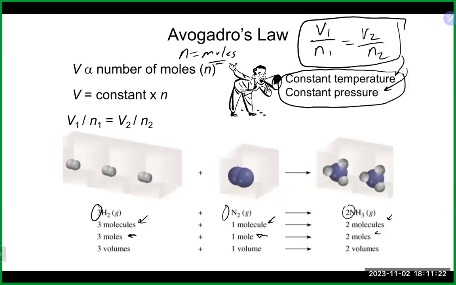So you could say there would be 3 volumes, one volume and two volumes, which are the exact same mole to mole relationship that we would use. What this allows you to do in a certain stoichiometry problem is that you might not have to use a gas law if you're just looking for the volume of a gas that's going to be produced. You can just do stoichiometry with volumes rather than moles.